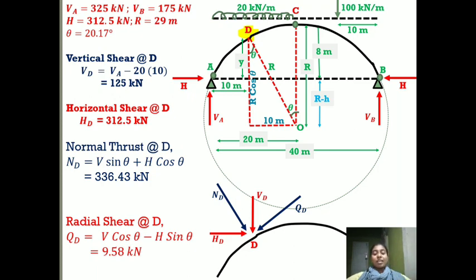While considering the left of D, the vertical shear is the summation of all the vertical forces to the left of D. That is VA. Our section is D, right? VA is left upwards. We know when we are taking a section, left upwards and right downwards is taken as positive.